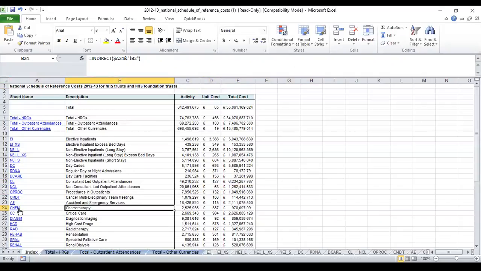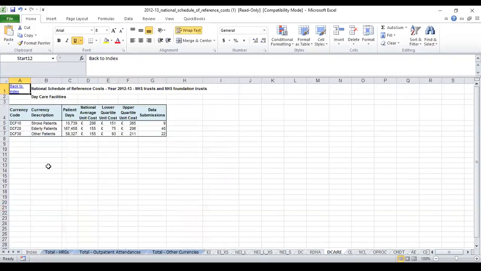If we click on here, let's go on daycare facilities. You can see here what they're giving you is daycare facilities for elderly patients. The national average cost is £155. And they tell you what the lowest figure is and also the highest. Best, in most cases, just to use the average figure.